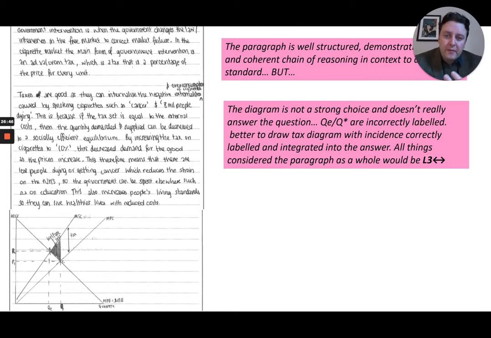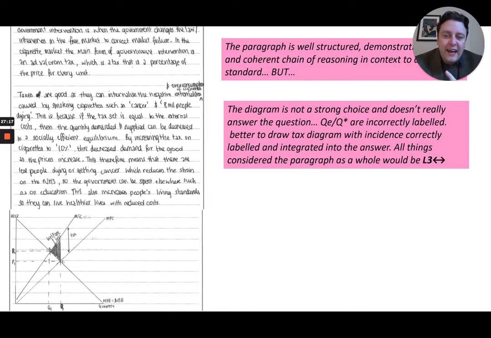But if we look further down here, the diagram choice, if you picked up on that, is not a strong choice. It doesn't really answer the question, because even though they talk about the consumption of cigarettes in their essay, that diagram is about a production externality, right?